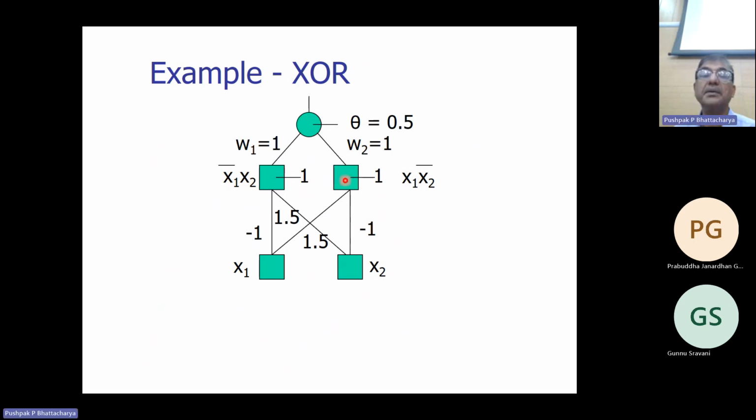Okay. So one neuron computes NAND of x1, x2, which is linearly separable. Another computes OR of x1, x2, linearly separable. And the final neuron computes AND. This is the other way of doing XOR. Okay. So OR of two constituent functions or AND of two constituent functions.